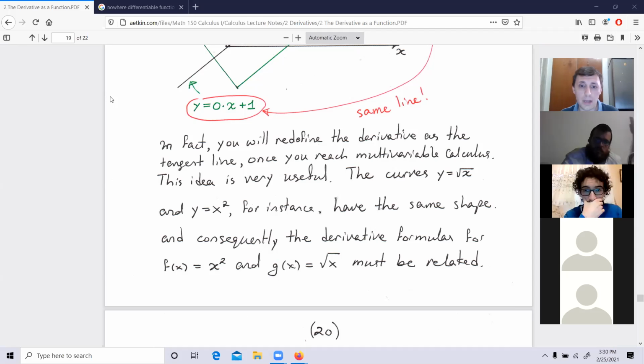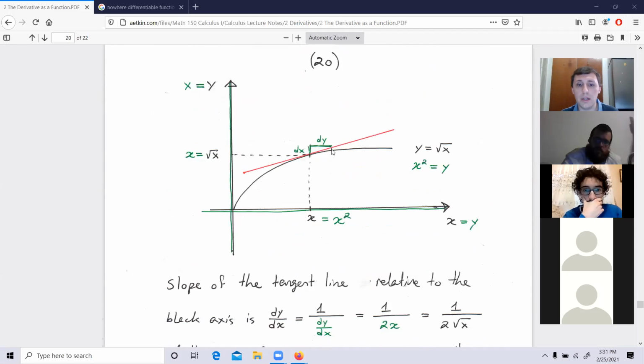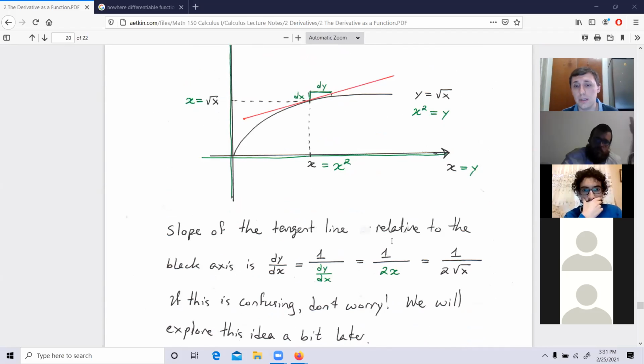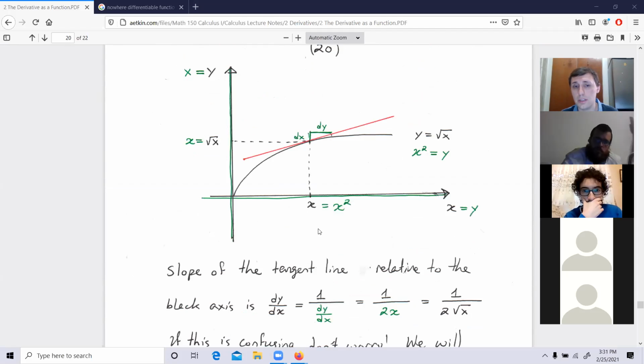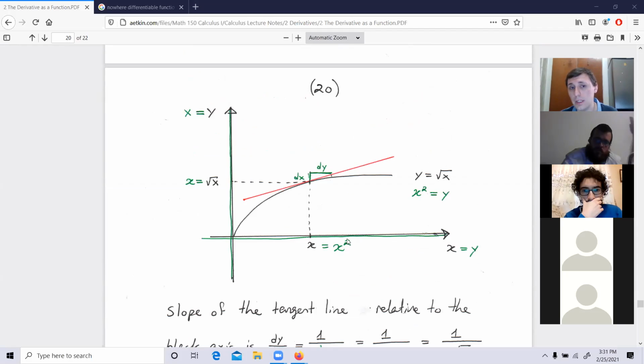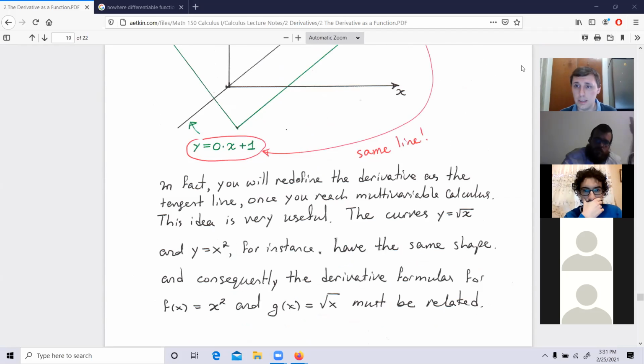You see? That will be a discussion later on. I don't want to talk about it at this very moment. I will just give you a flavor of that later on. You see this? I'm showing you how the graph of x squared and the graph of root of x are related.